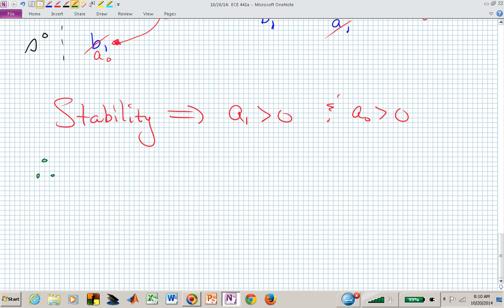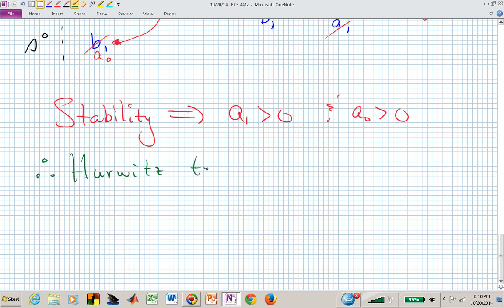The first order is pretty clear where those are as far as roots. The second order, you don't need to plug them into the quadratic formula. You just need to know, are both coefficients there and non-negative or positive? I shouldn't have said non-negative. They need to be positive. This is a strict inequality. Then you have all of the roots of that second order polynomial in the left half plane.